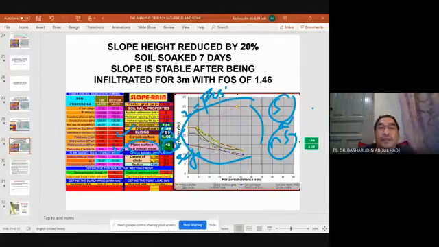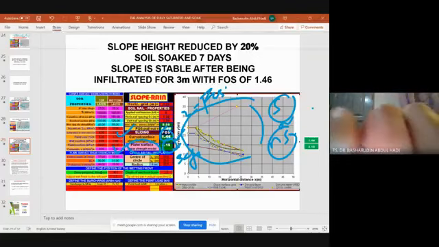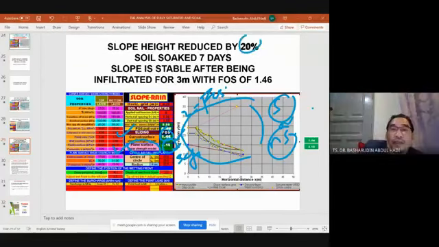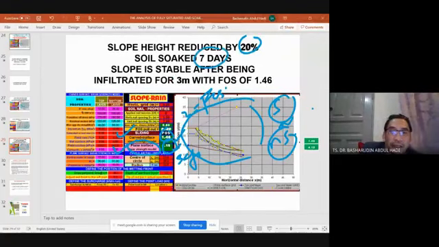It showed us that we lowered it 20%. We lowered it 20%. And we are soaking for 7 days. And in more scenarios, this calculation we infiltrate at 3 meters. So this is the result we get, 1 and 2.